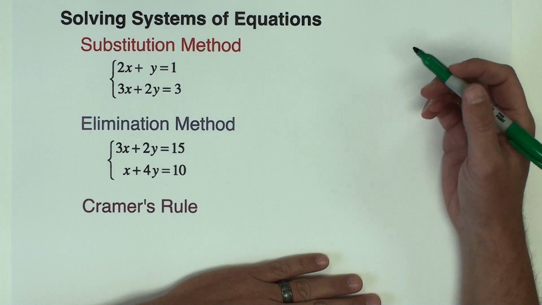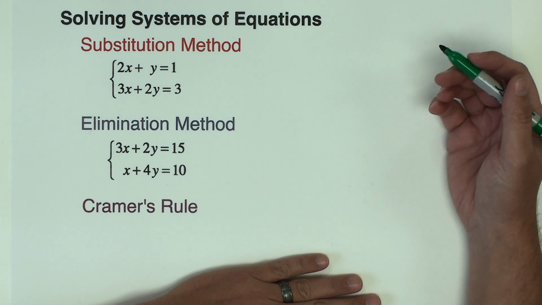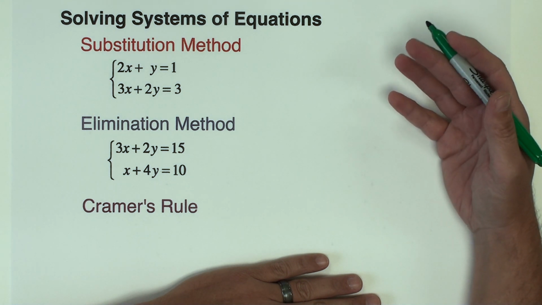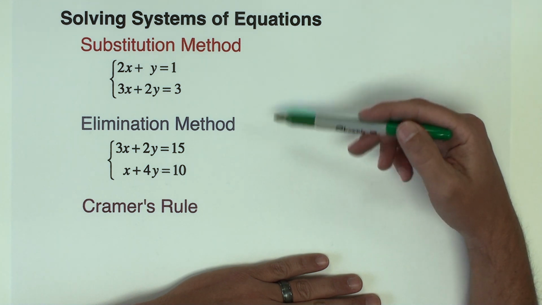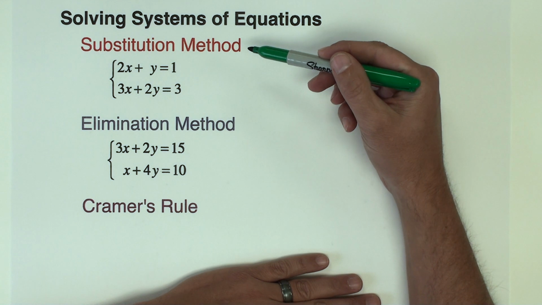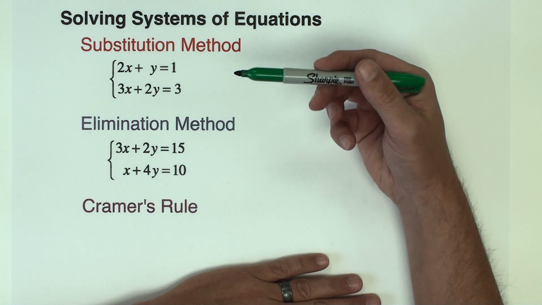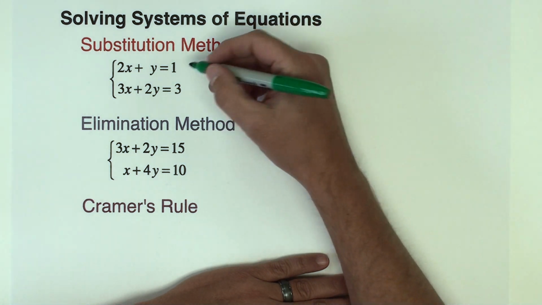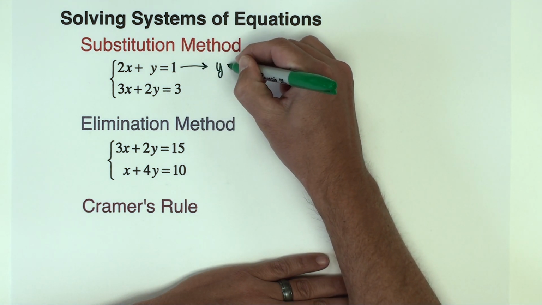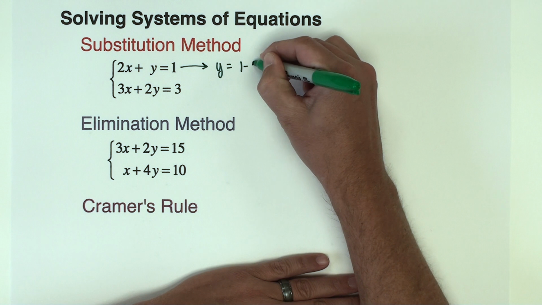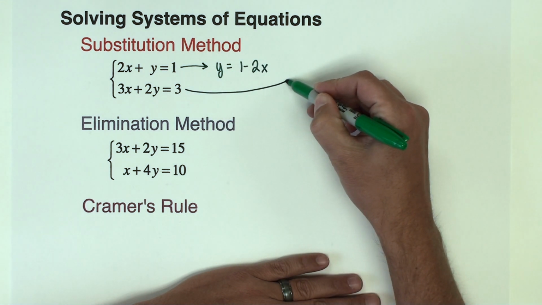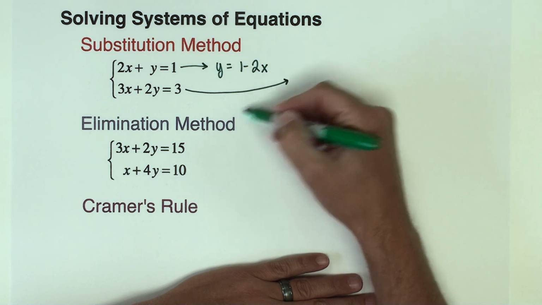So again, solving systems of equations is not a new topic. It's something that we have spent much time on already, and we've got a few techniques that we've talked about in this course to date. First one is the substitution method. In the substitution method, you find one of your equations to rewrite as x or y equals, and then you take the other equation and substitute that first equation into it.